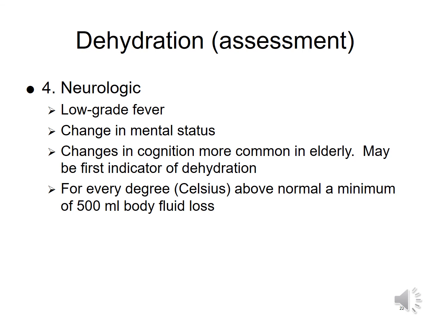What kind of neurological changes are we going to see? We're going to see a low-grade fever. We're going to see changes in mental status, changes in cognition, and that's more common in the elderly, and actually may be the first indicator of dehydration in the elderly. For every degree Celsius above normal body temperature, a minimum of 500 milliliters of body fluid is lost.